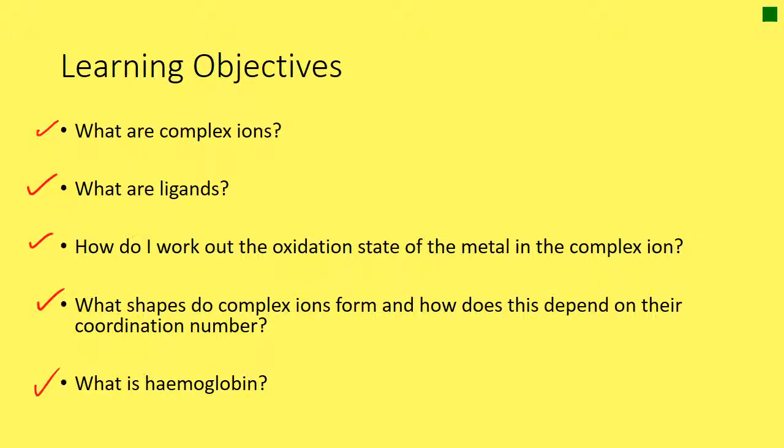And here they are. So already we have checked off that we've done all of these, and now we also know what hemoglobin is. So hopefully that has been clear and thorough, and if you have any questions, as usual, post them on the chat room or come and see me.